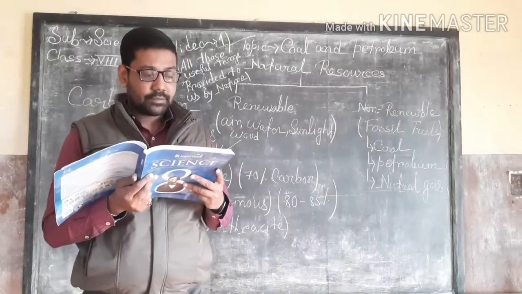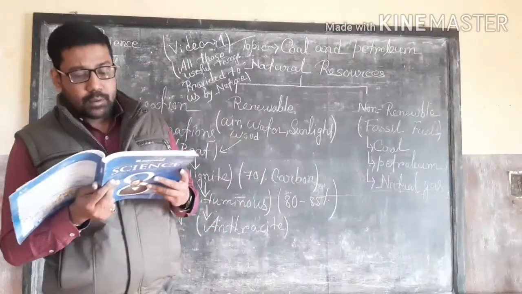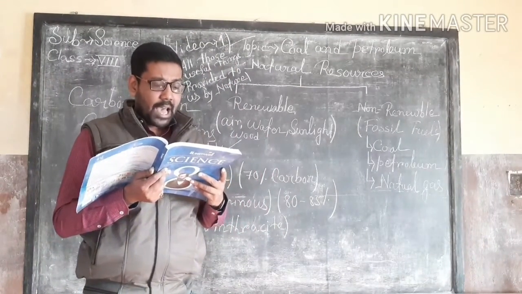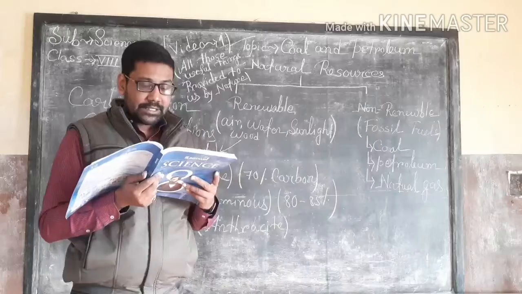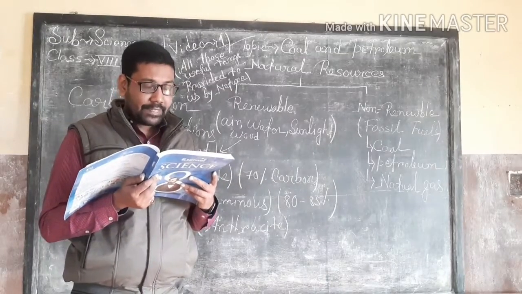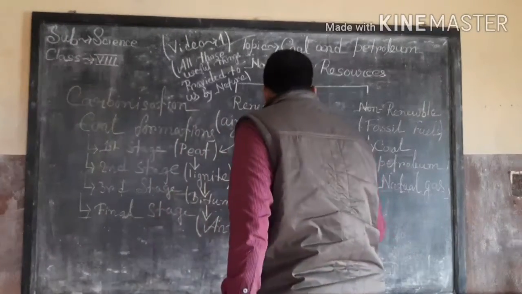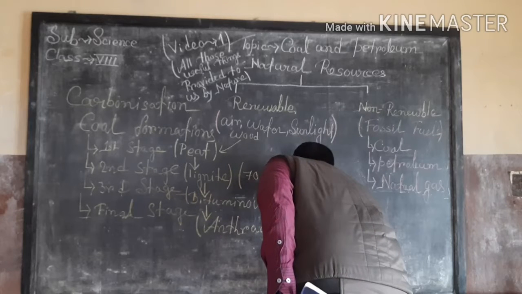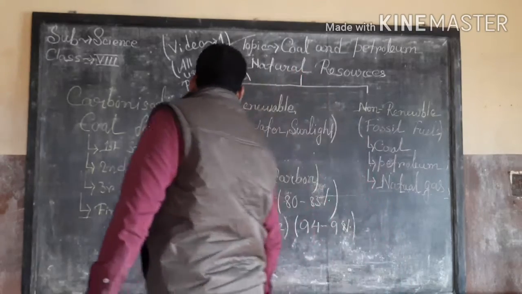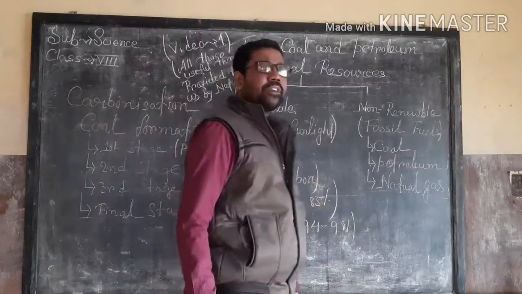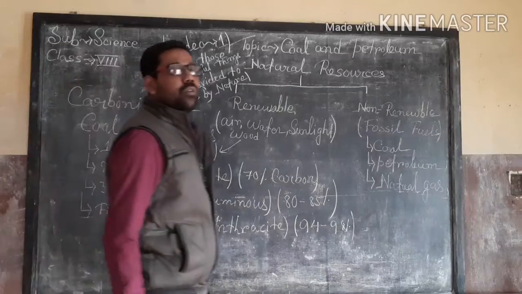It is hard and has a semi-metallic luster, and it is the purest form of coal, containing about 94 to 98% carbon. Its moisture content is very low and thus it is known as smokeless coal. So anthracite coal contains 94 to 98% carbon, and another name for anthracite coal is smokeless coal.